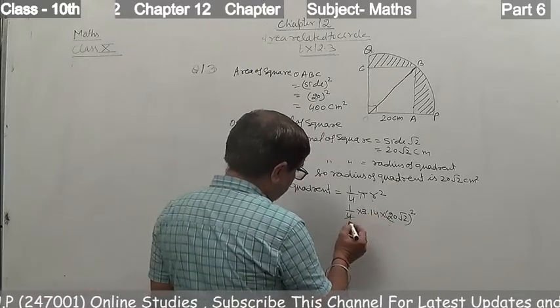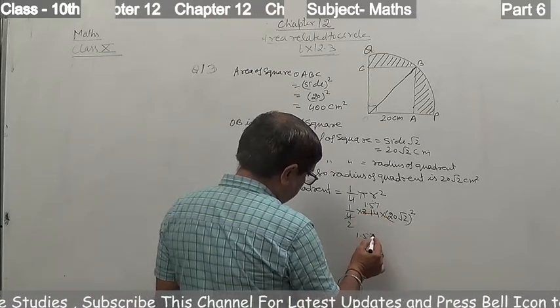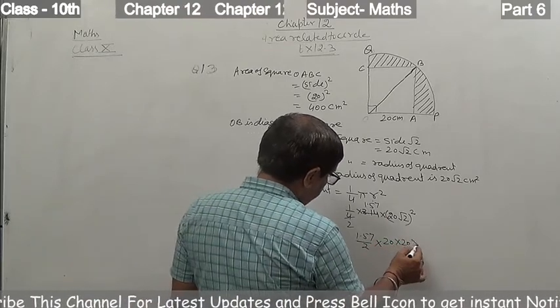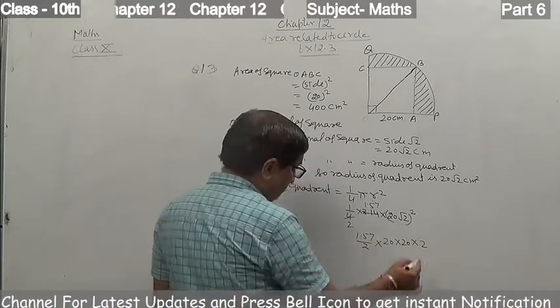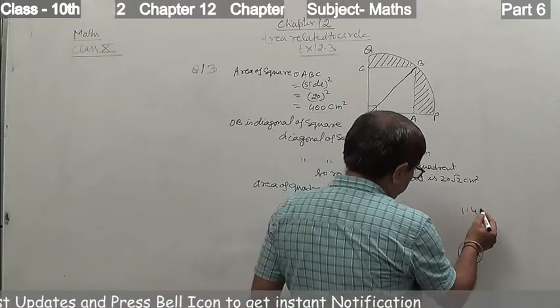So, 1.57 upon 2 into 20 into 20, root 2 square is 2. This 2 cancel it.